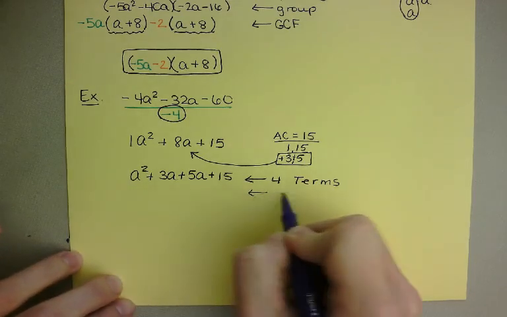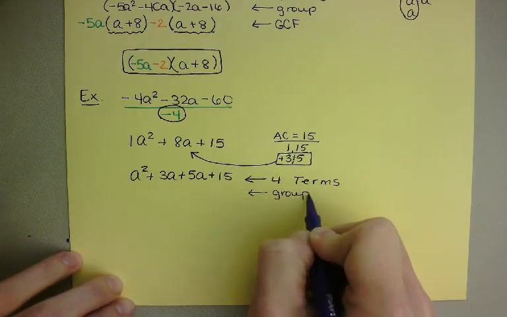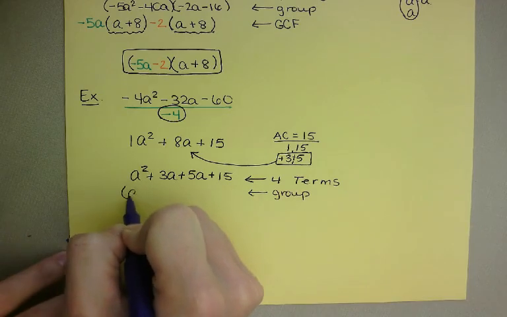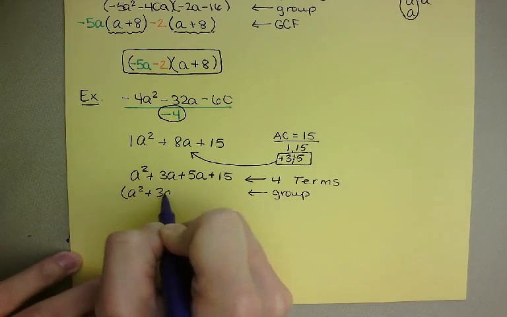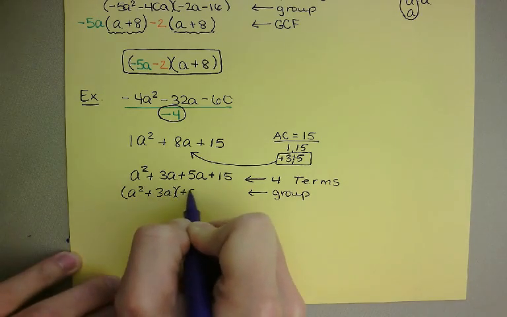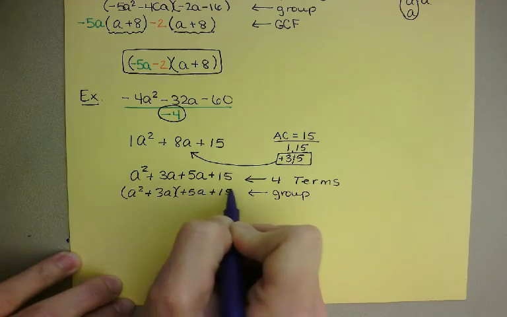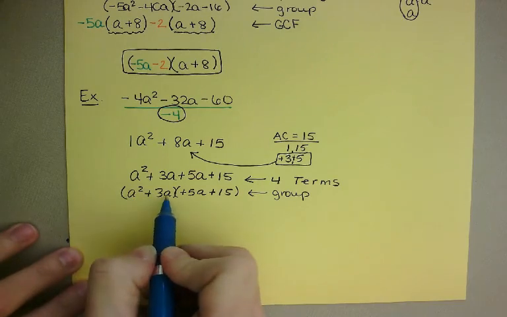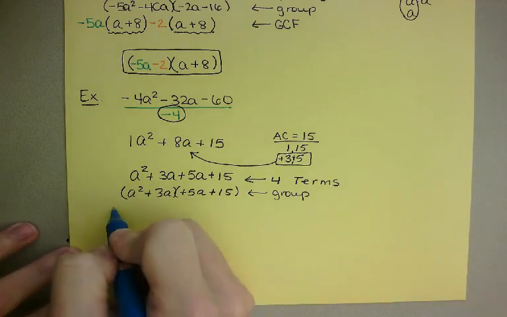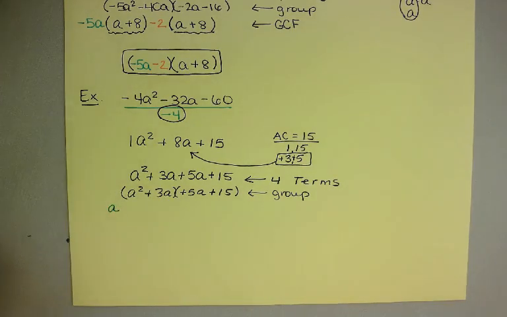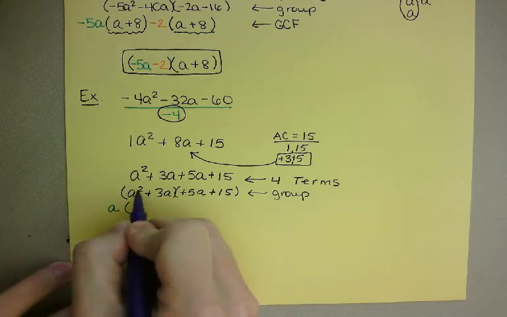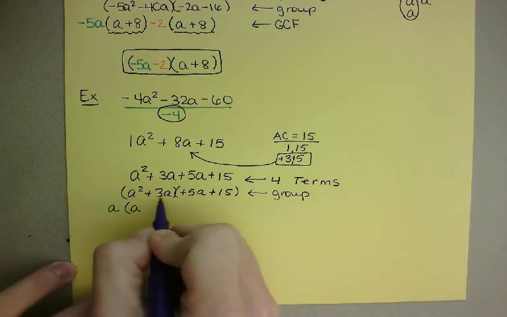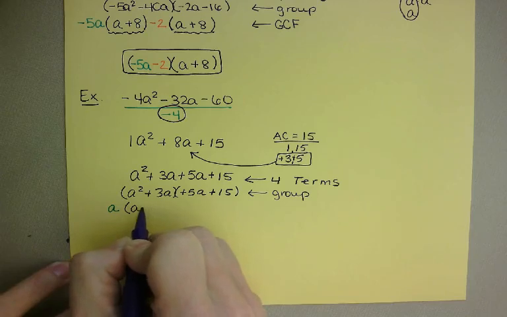Now we're going to group. I'm going to group the first 2 terms, and I'm going to group the last 2 terms. A squared and 3a, they both have an a, so that's their greatest common factor. A squared divided by a is a. 3a divided by a is 3.